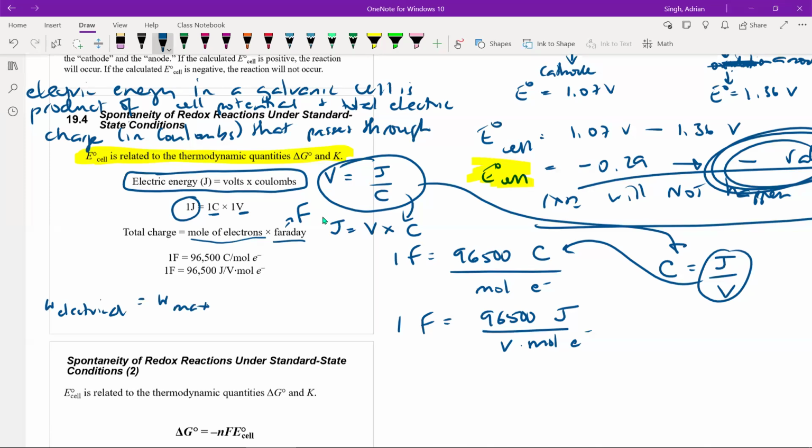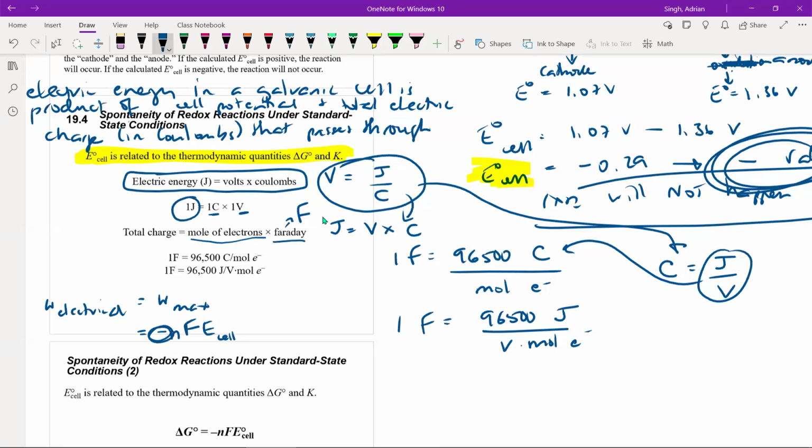That's the maximum work that we're describing here, and that is equal to negative N, the number of moles, times F, Faraday's constant, times E of the cell. Now, the reason why we have this negative sign here is to indicate that the electrical work is done by the system on the surroundings, right? If you remember way back when we talked about thermochemistry back in Gen Chem 1, that's what that negative sign for work actually means. It's being done by the system on the surroundings.